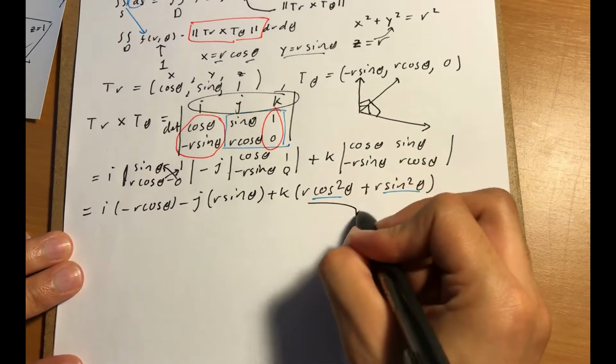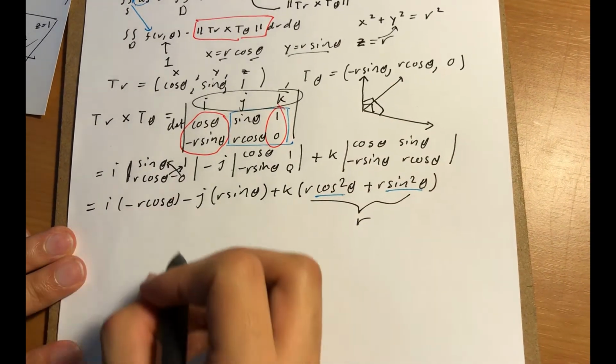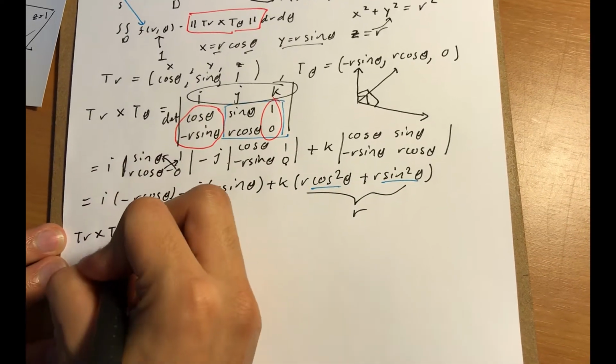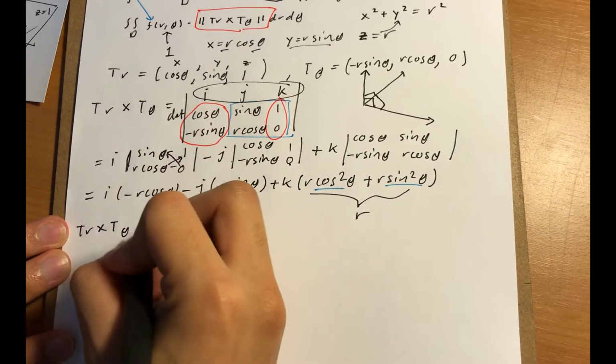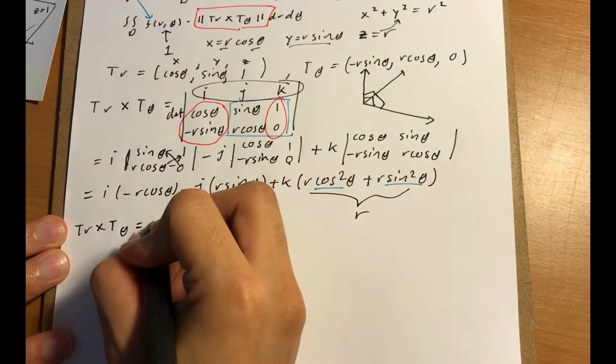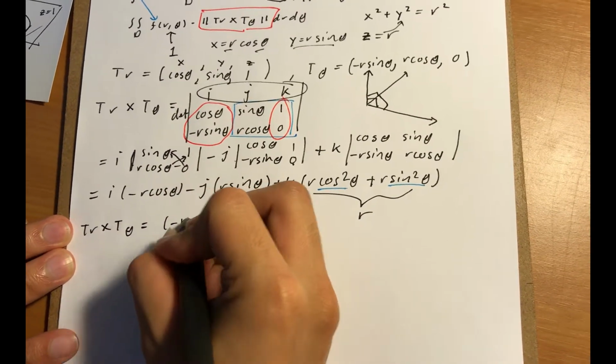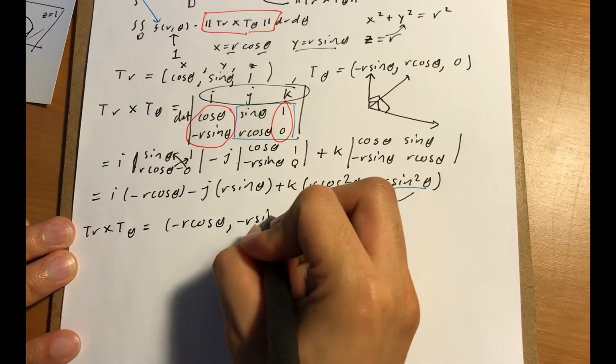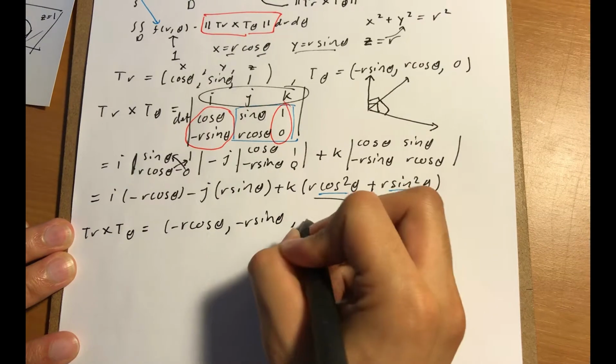So this right here is just r. So now we have the cross product of t_r with t_theta, the tangent vectors: negative r cosine theta, negative r sine theta, and then r.